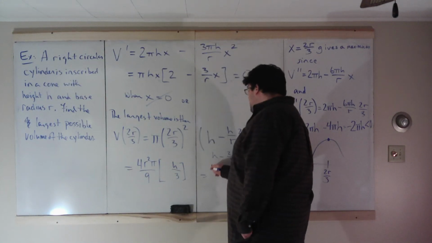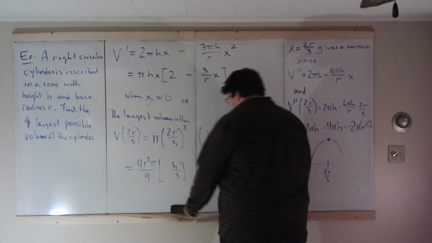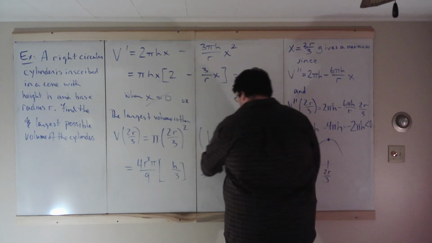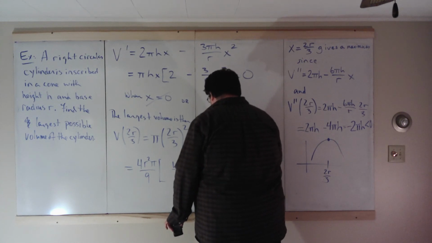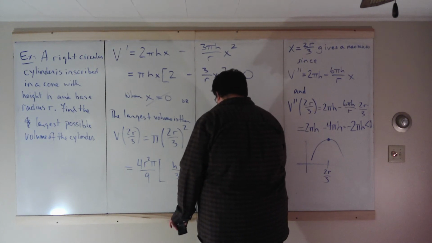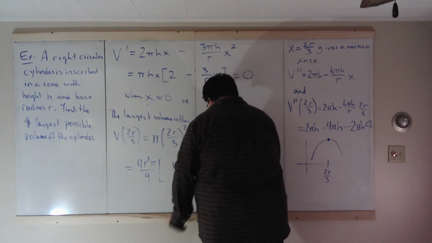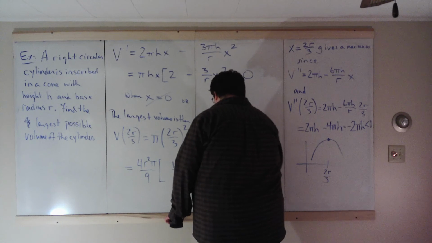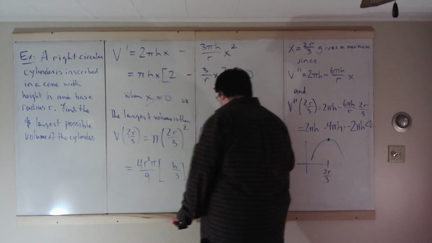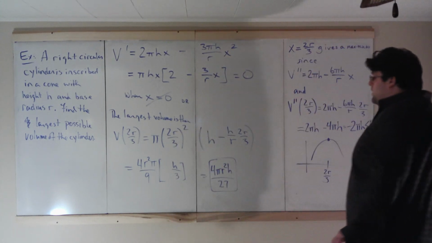And this equals 4 pi r squared h over 27. H and r are constants.